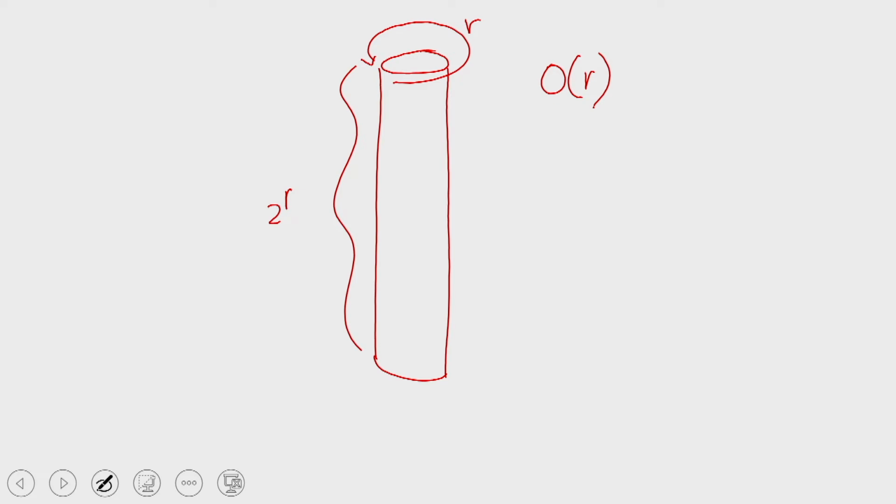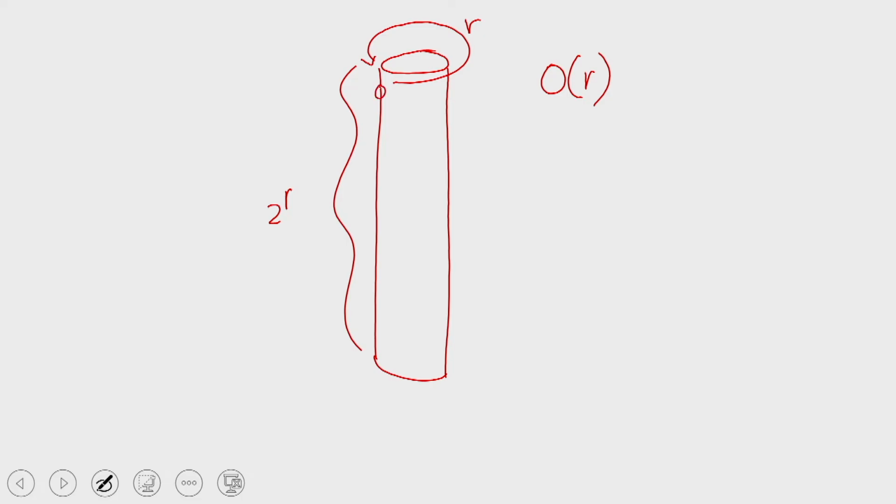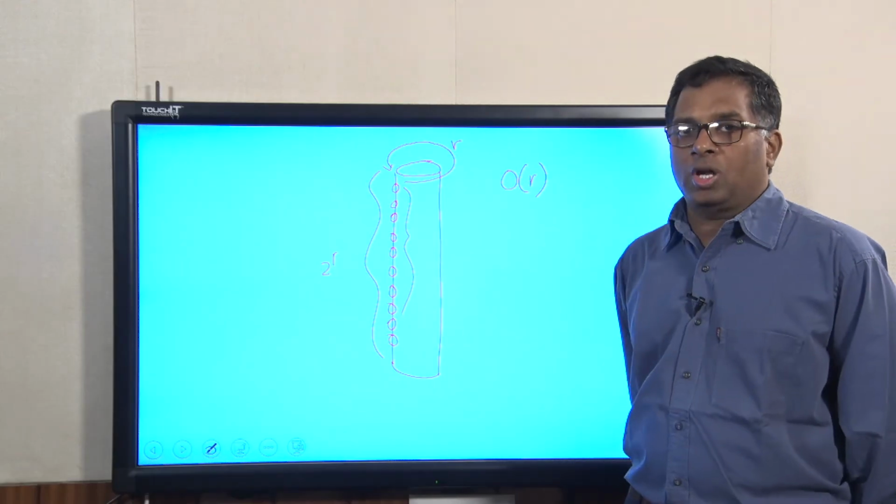In order of r steps, we manage to send all messages which are in column 0 to their correct destination. So, we manage to permute this column in order of r steps. So, there are 2^r nodes here, they get permuted the way we want in order of r steps. So, in a mesh, what would have taken 2^r steps is achieved in order of r steps here.